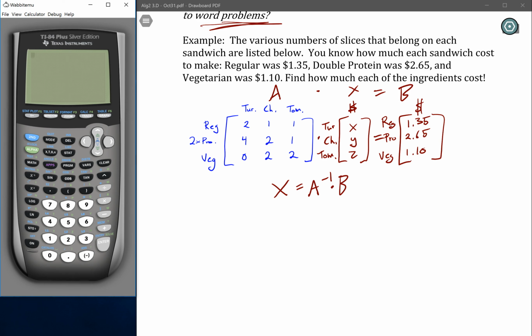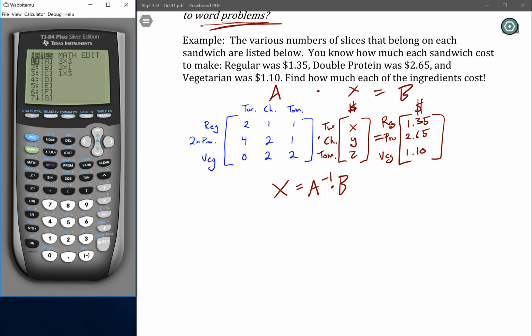All right, keep in mind to edit the matrix, you're going to hit second matrix. Let's edit matrix A. So I'm going over to edit, hit enter. Today we're dealing with a 3 by 3 matrix because we're wild animals. And let's fill in the coefficients: 2, 1, 1, 4, 2, 1, 0, 2, 2. Okay, great. Matrix A, quit out of that.